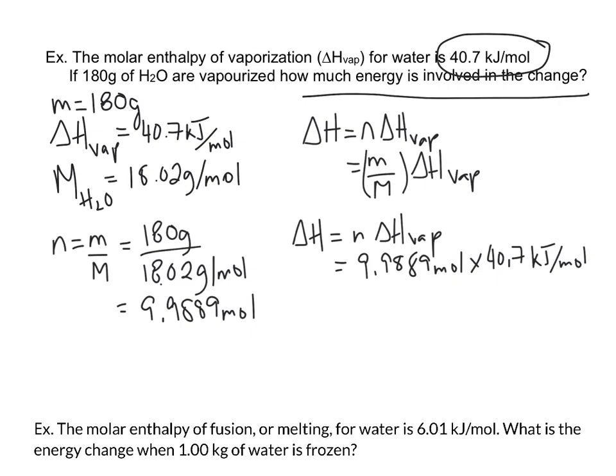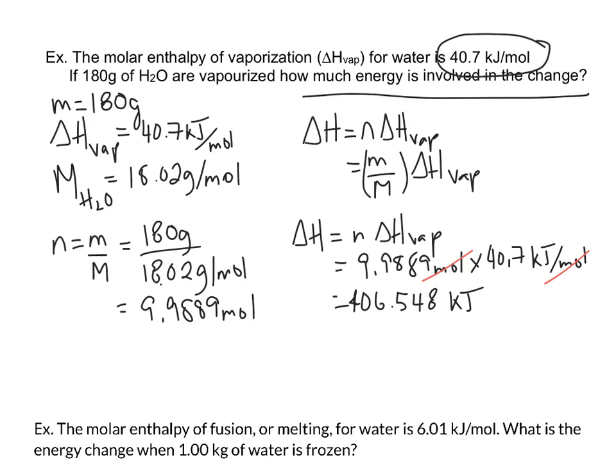So multiply those two numbers and you get 406.548 kilojoules because your moles cancel.